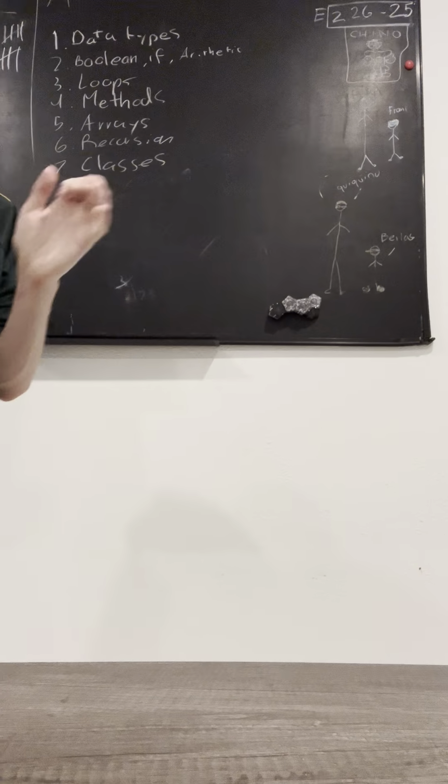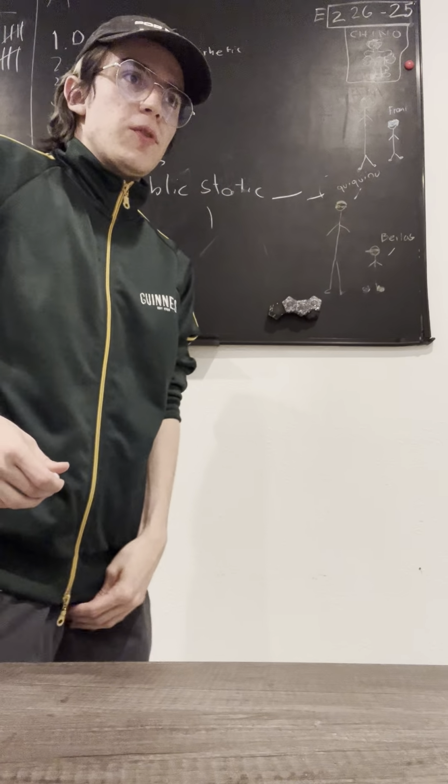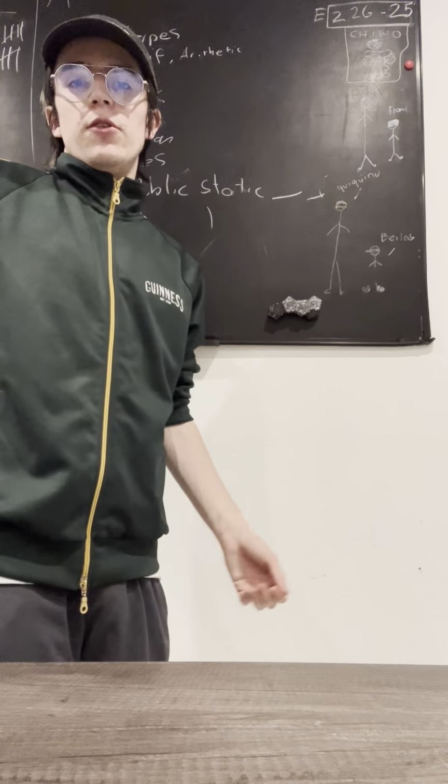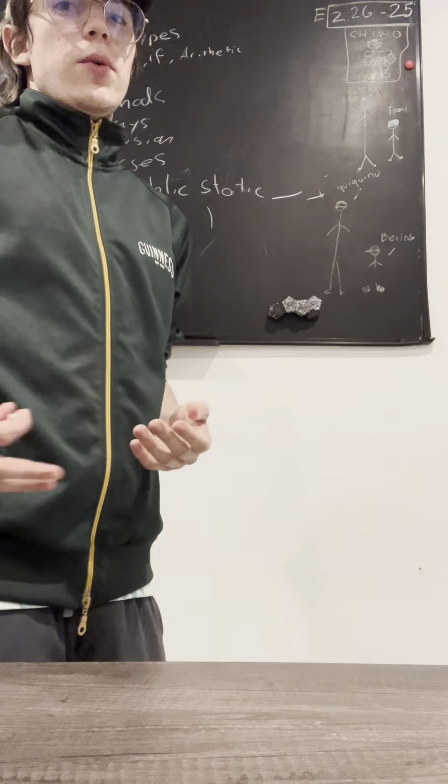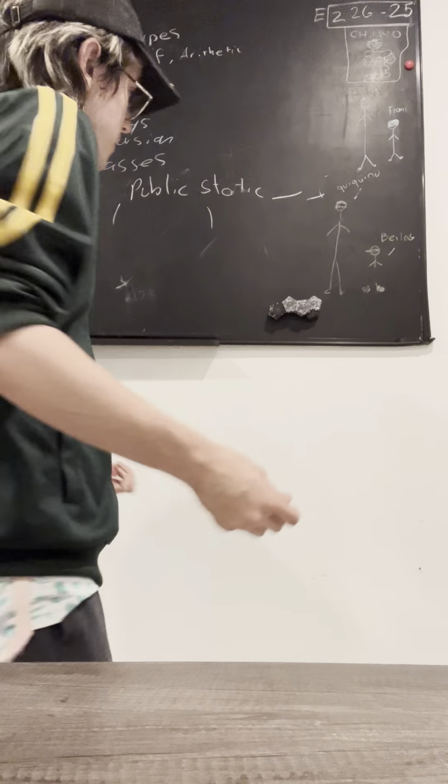Then after the name, you're gonna put some parentheses, and you're gonna put whatever the method requests for your problem. For example, if you need to sum a number, you need to know which numbers you're gonna sum.